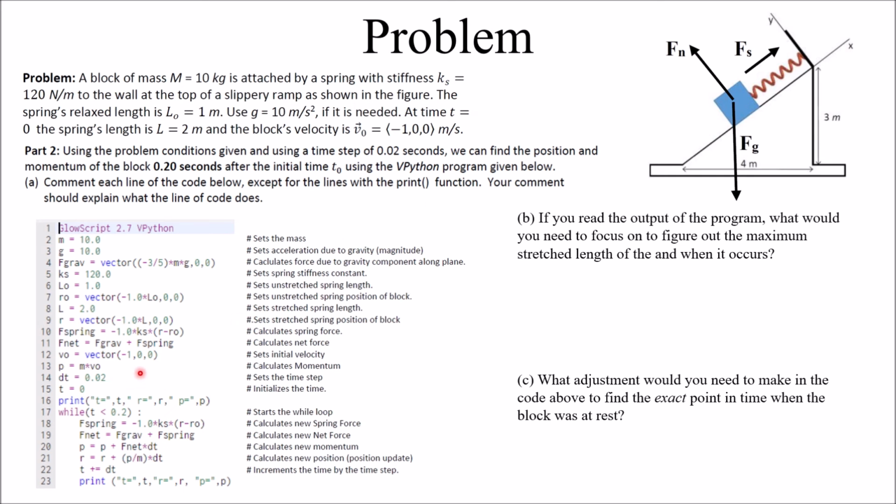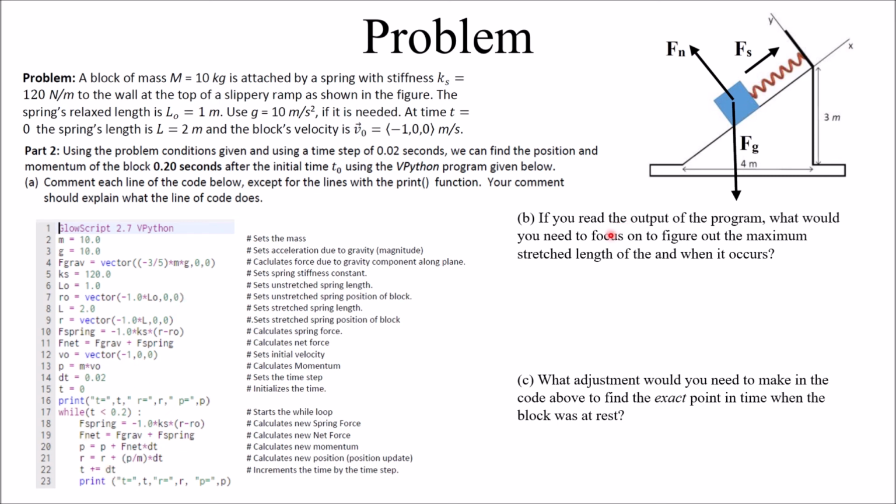And then we set the momentum formula to be mass times velocity, pretty much. And then we set the time step to be 0.02. We initialize the time at t equals 0. And then we basically start this loop. And it's calculating the new spring force, it's calculating the new net force, it's calculating the new momentum, and it's calculating the new position, which is that momentum and position update. And then you also have this line where we increment the time by the time step. All right, so that's how you would comment on this line of code.